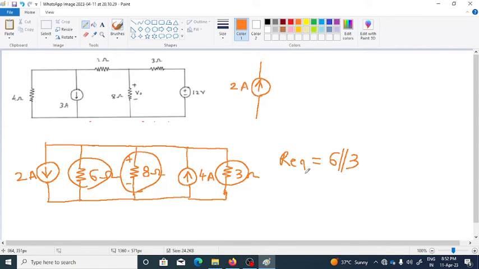So 6 and 3 ohm resistance, when in parallel, we will get it equal to 6 into 3 divided by 6 plus 3, right?